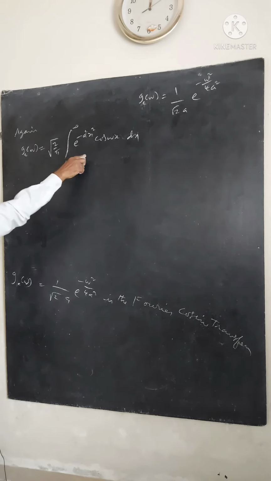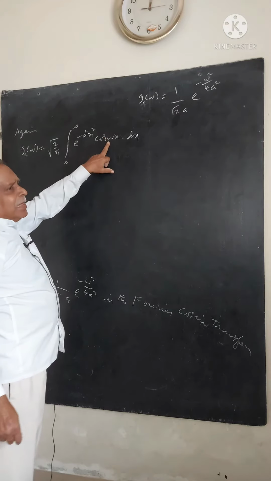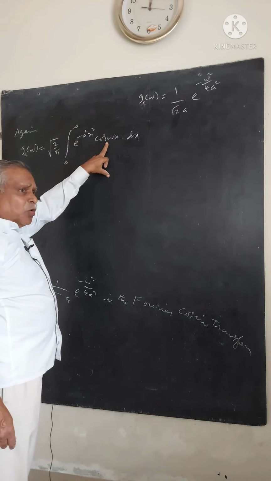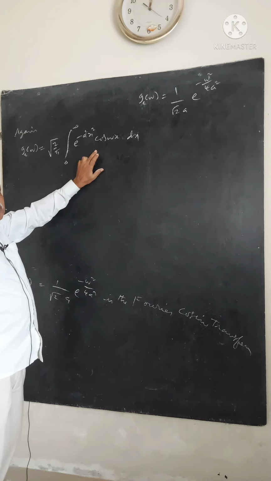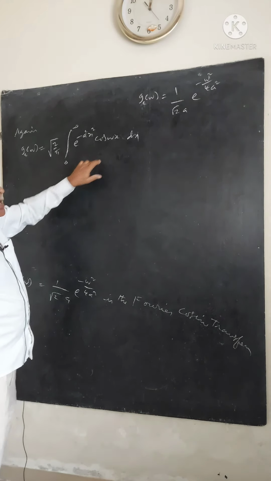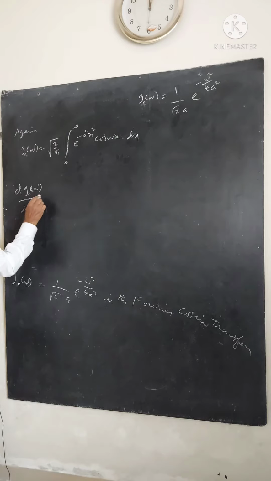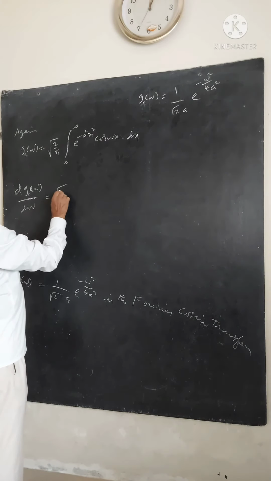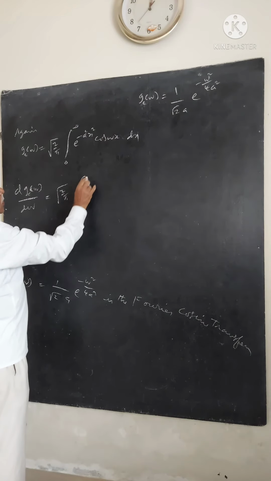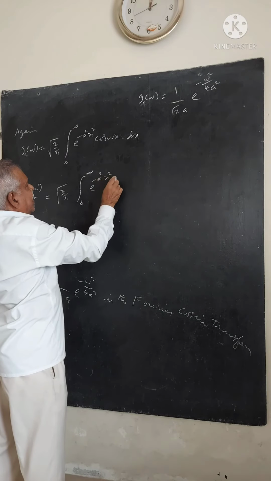Differentiating with respect to omega. See, this function is integrable for x only. Omega is other than x. We can differentiate with respect to omega. This is differentiation under integral sign we are using here. dgc omega by d omega, differentiating inside with respect to omega: root of 2 by pi, 0 to infinity e power minus a square x square.